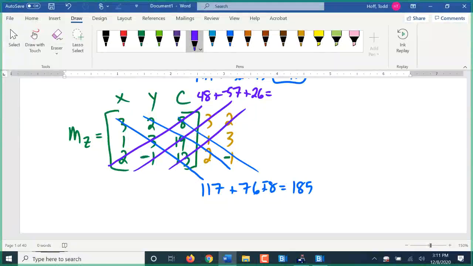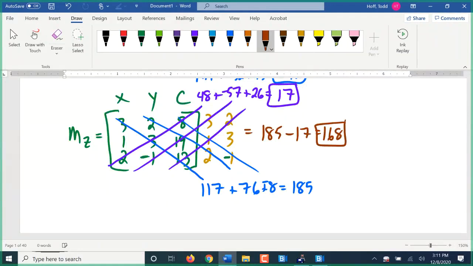That's going to come out to be a +17, I believe, for the up diagonal total. Yep, that looks correct. So we do our down diagonal, 185, minus our up diagonal, 17, which gives us 168. That is the determinant.